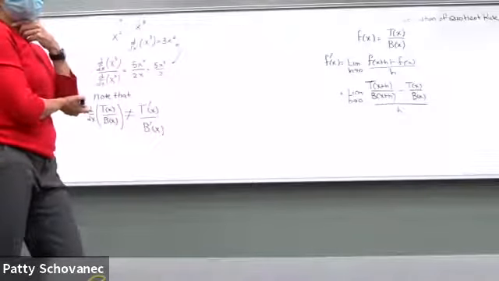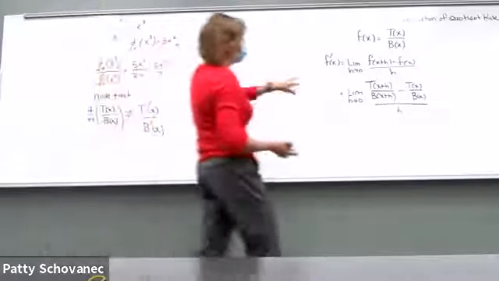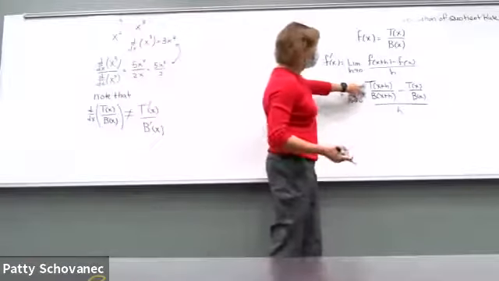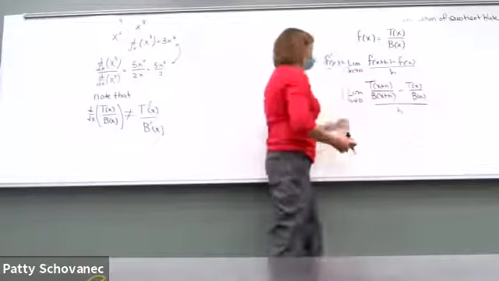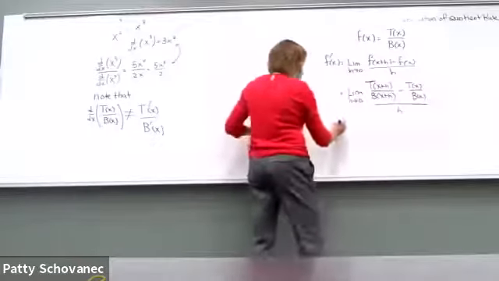Now I'm going to get a common denominator. I'm going to multiply this first fraction by b of x over b of x, and this one over here by b of x plus h over b of x plus h, so that they all have a common denominator.